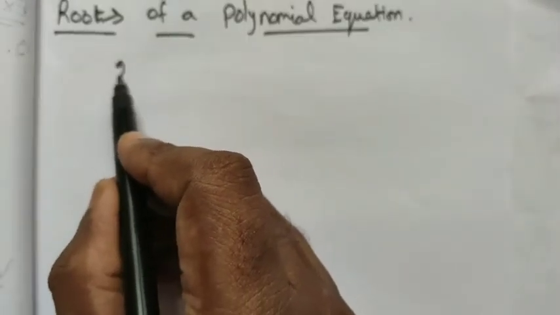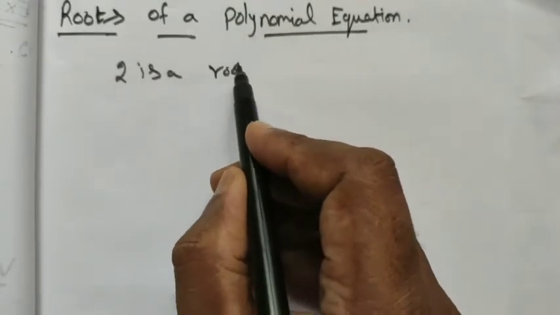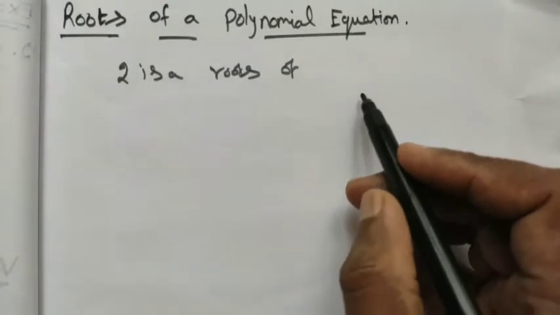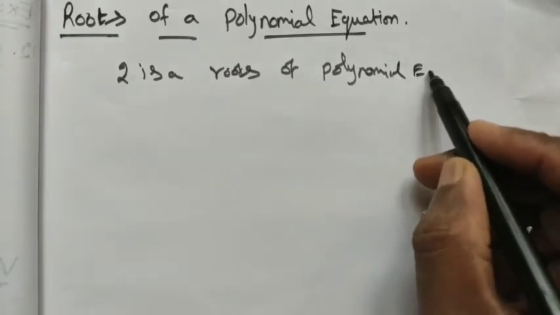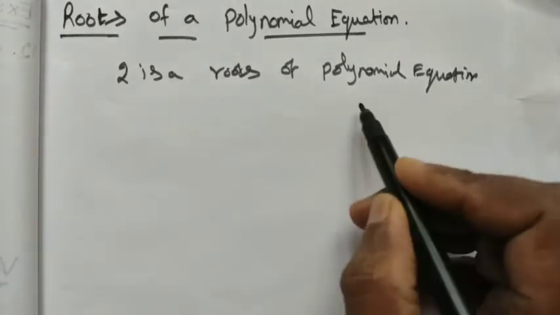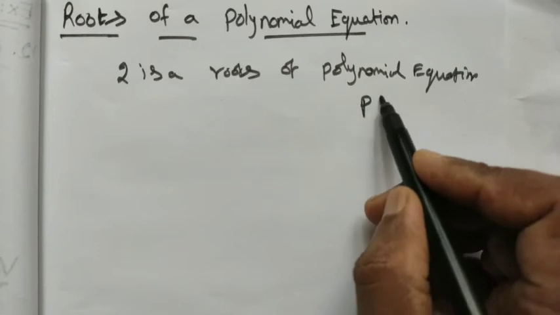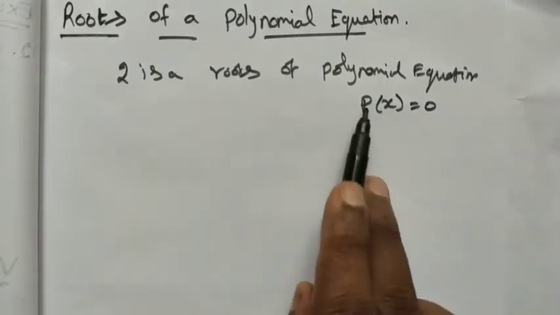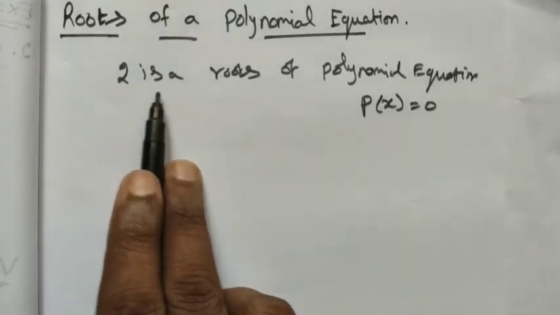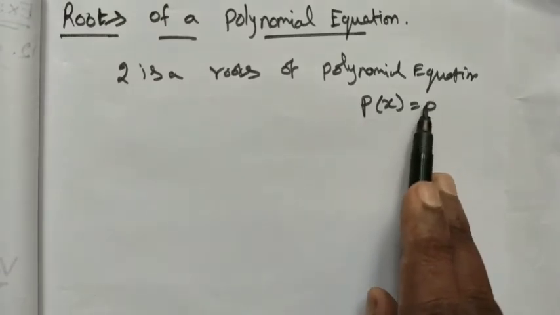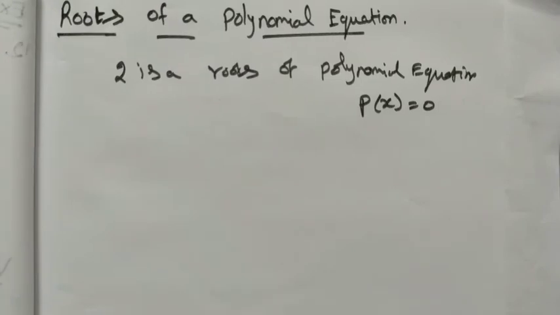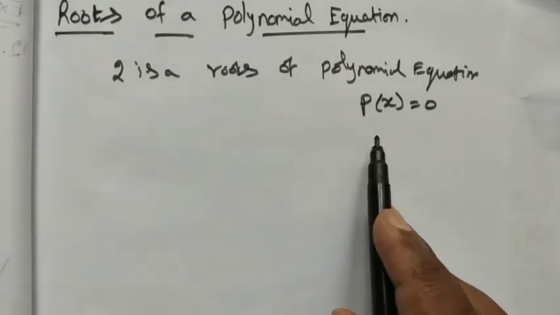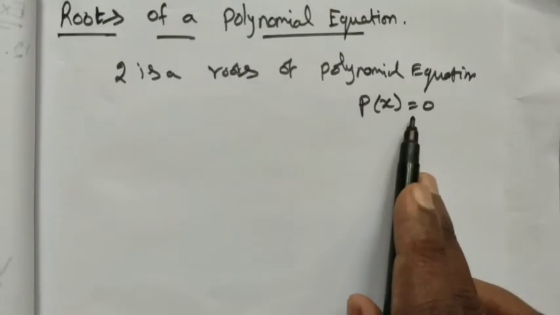Then 2 is the root of the polynomial equation p of x is equal to 0. When we apply the value 2 in this polynomial and the polynomial becomes equal to 0, that is called the root of the polynomial equation. Zeros of the polynomial means we say only the polynomial p of x. Equation means we have to put it equal to 0.